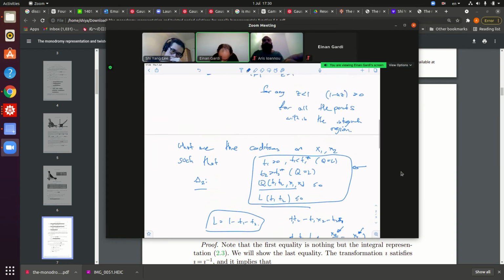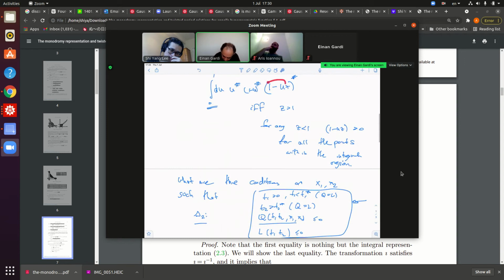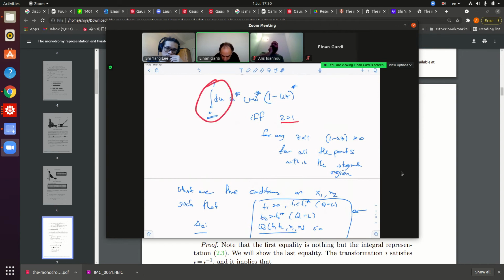So let's remind ourselves what happened in the 2F1. One of the factors in the integrand was 1 minus uz to a power. And we identified a situation like that. If z is larger than 1, then this integration region brings us from a situation where this factor is positive to the situation where this factor is negative. Right?